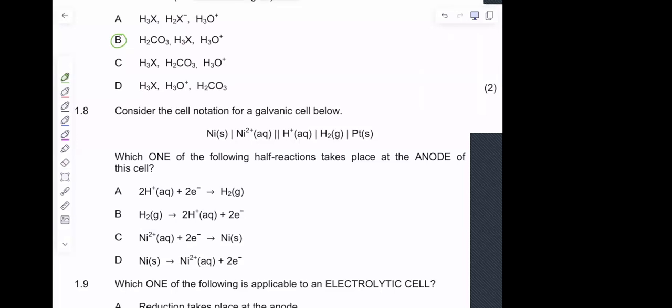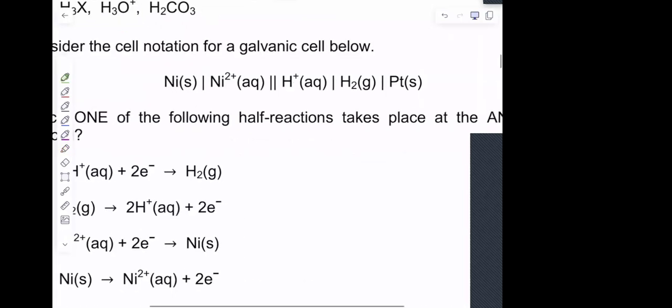Okay, let's go and look at the answer of 1.8, right? They're asking you, consider the cell notation for the galvanic cell below. Which one of the following half reactions takes place at the anode of the cell? One thing you should know immediately is how we do our half cells. We start off with anode, and then we end off with cathode.